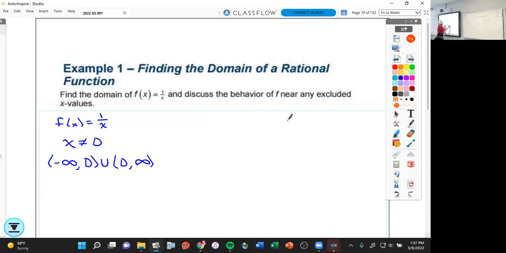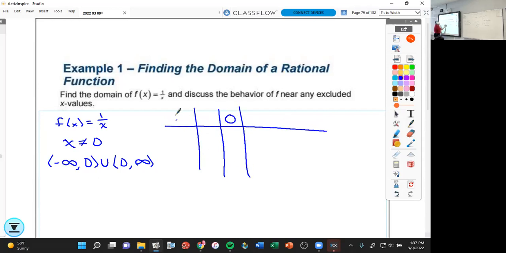Okay, so let's think about this. We know that, let's put a 0 right here, that x can't be 0. I'm going to put in some numbers over here and some numbers over here.